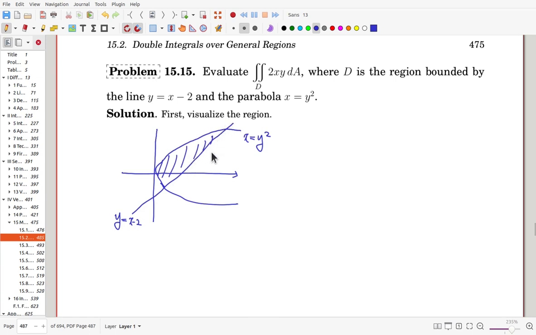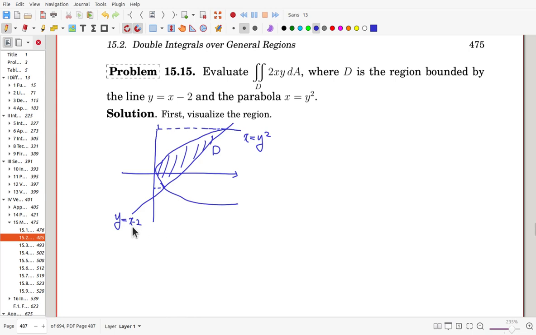That is D. We have to access this domain systematically. Possibly, y is moving from here to there. And for each y, now x is moving from here to there, right? So we have to find this point and that point.